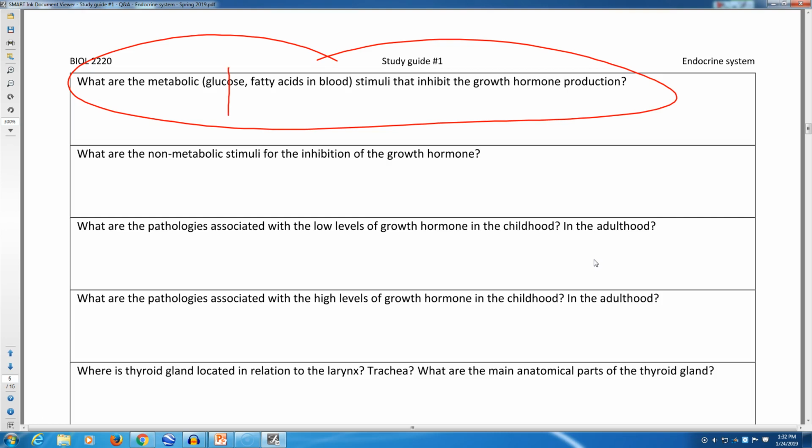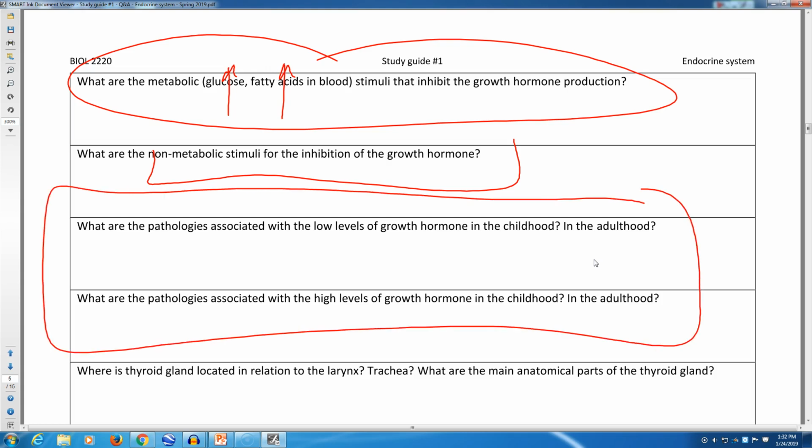Okay. Non-metabolic stimuli, I refer to age and obesity. May I skip this too? It seems super simple, right? You know gigantism, dwarfism, acromegaly. You will be able to tell them apart, will you? I don't have to worry about it.